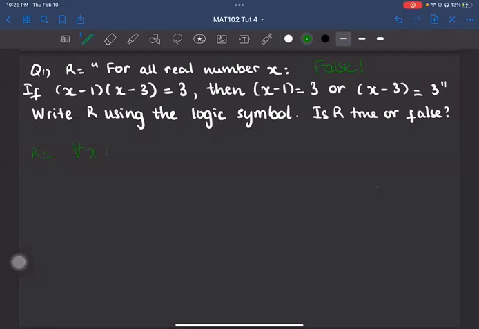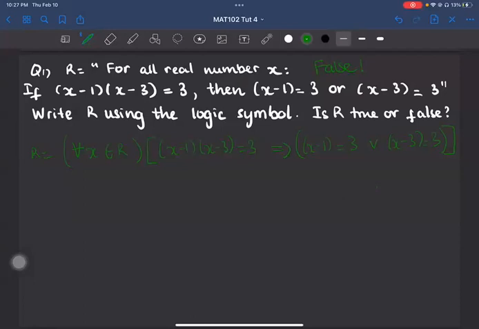Real number x means x is in R. We have x minus 1 times x minus 3 equal 3. If then is an implication relationship. If P then Q means P implies Q. So we have this, then x minus 1 equals 3 or x minus 3 equals 3.